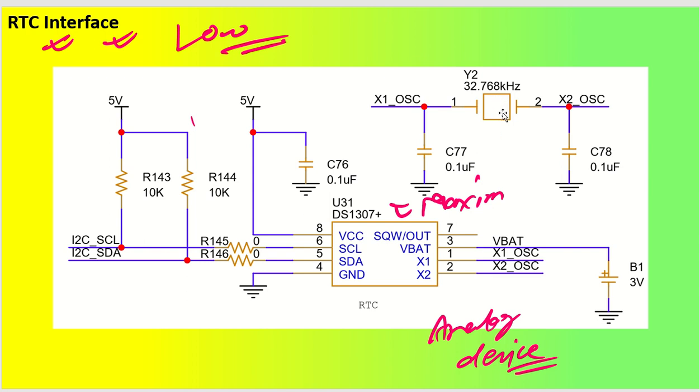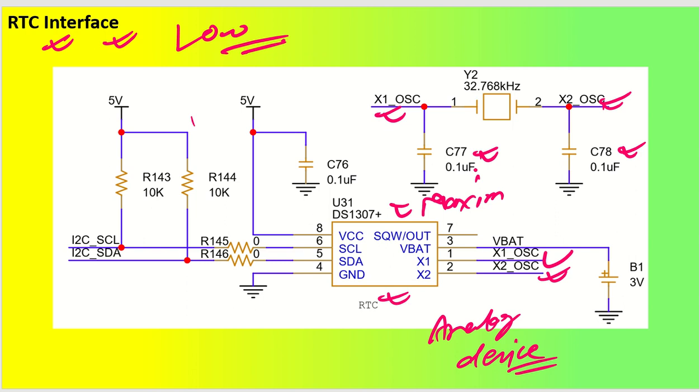If you need a particular part number and the design of the C77 and C78 values based on your selected part, then you can put your comments in the comment box and we shall be able to answer you all. The way to connect is OSC X1 here and X2 here, so that you fulfill the oscillator requirement of this RTC IC.